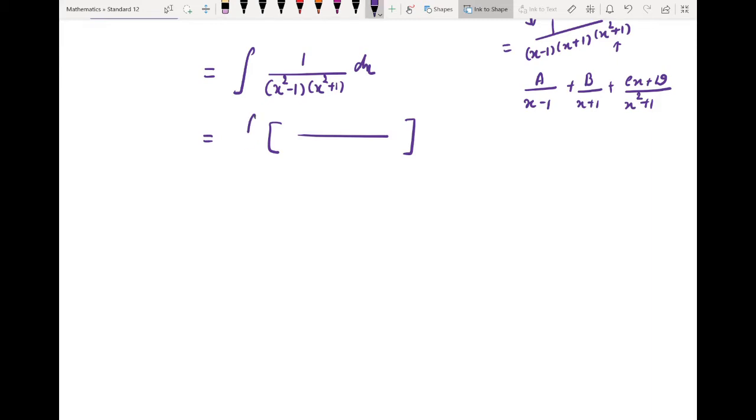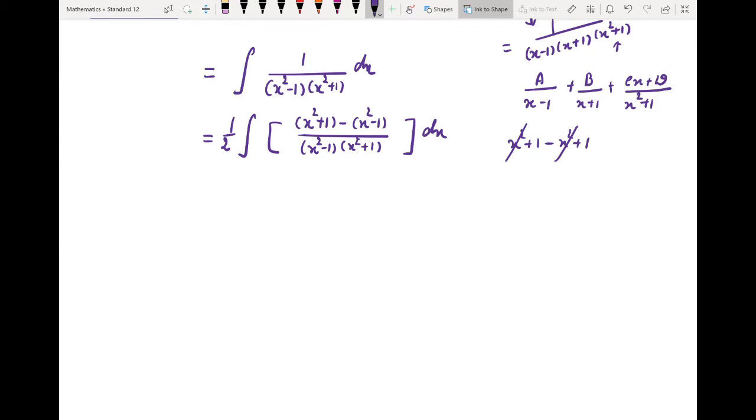Here x square plus 1 minus x square minus 1. This is x square minus 1. With the help of denominator we can write numerator. So if we simplify this one, x square plus 1 minus x square plus 1. So in numerator 2 is additional. So to remove this we divide it by 2.